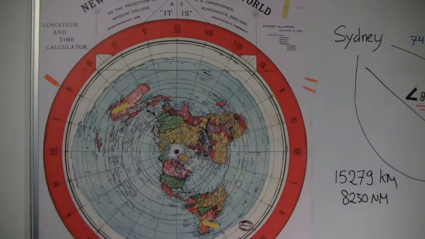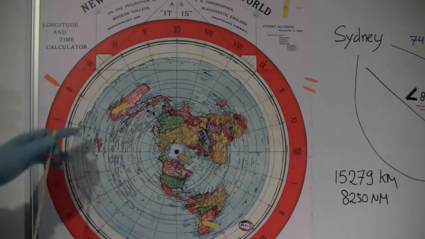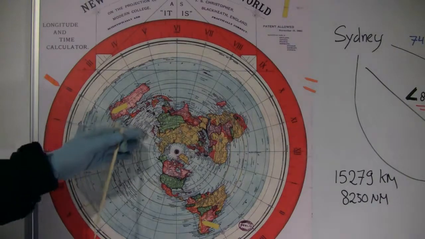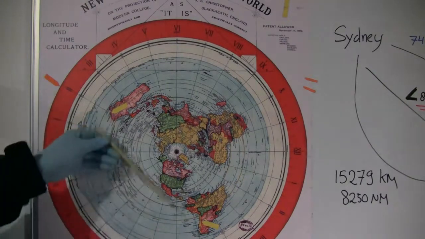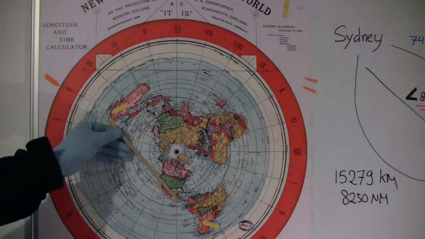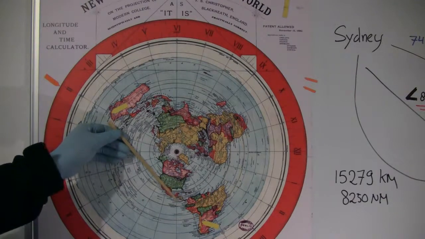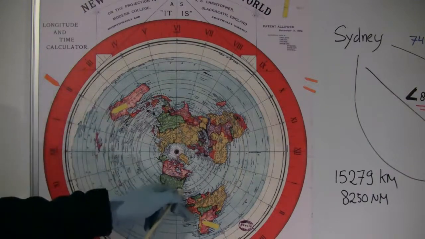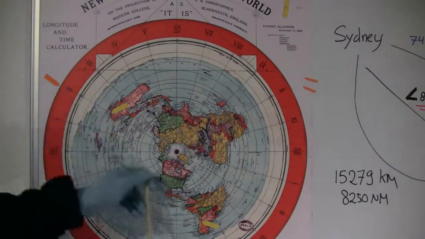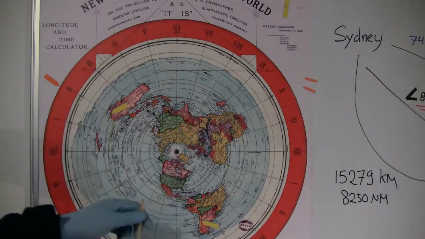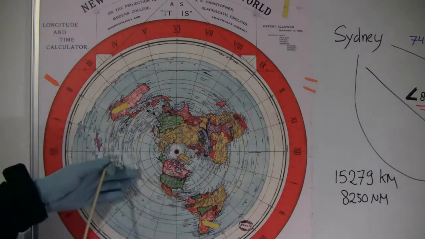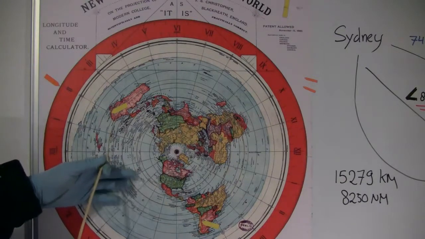I showed you how to measure distances using the Gleason's map. You can measure latitudes and longitudes, but you cannot measure in a straight line. Of course, you can fly straight to Chile, but you cannot measure a straight line, because the Gleason's map is not scaled that way.